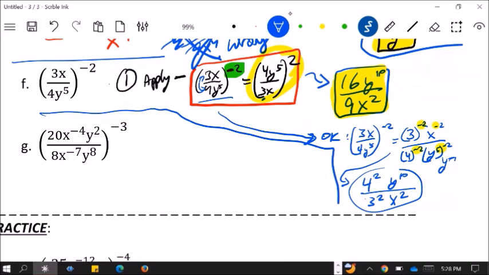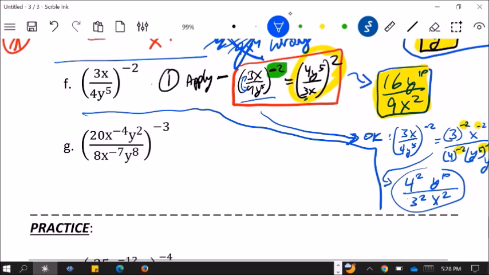Get another chance to do that with this next one. But this next one requires first simplifying everything that's on the inside. So what I see is that the 20 over the 8 can be reduced to 10 over 4, or 5 over 2. And then I'm going to bring some of those x's up here.